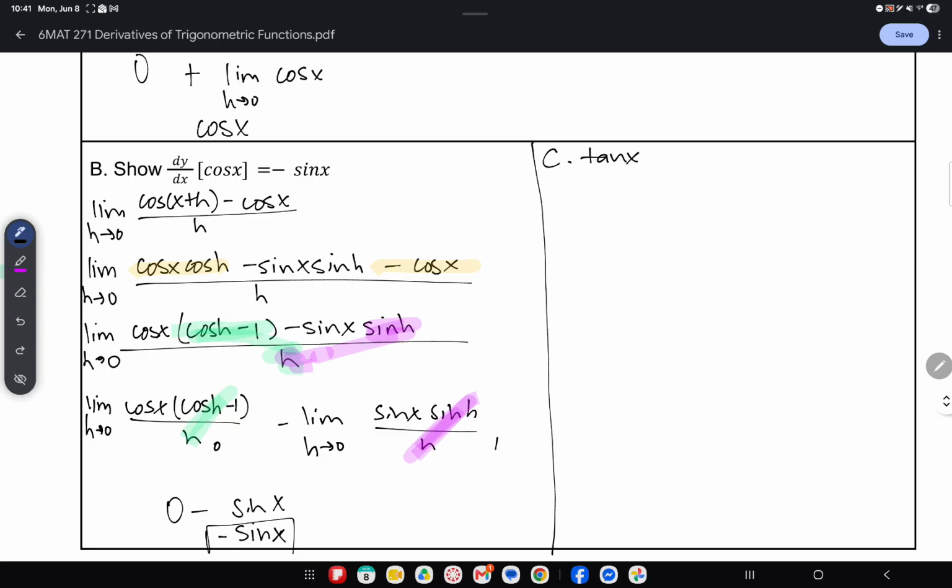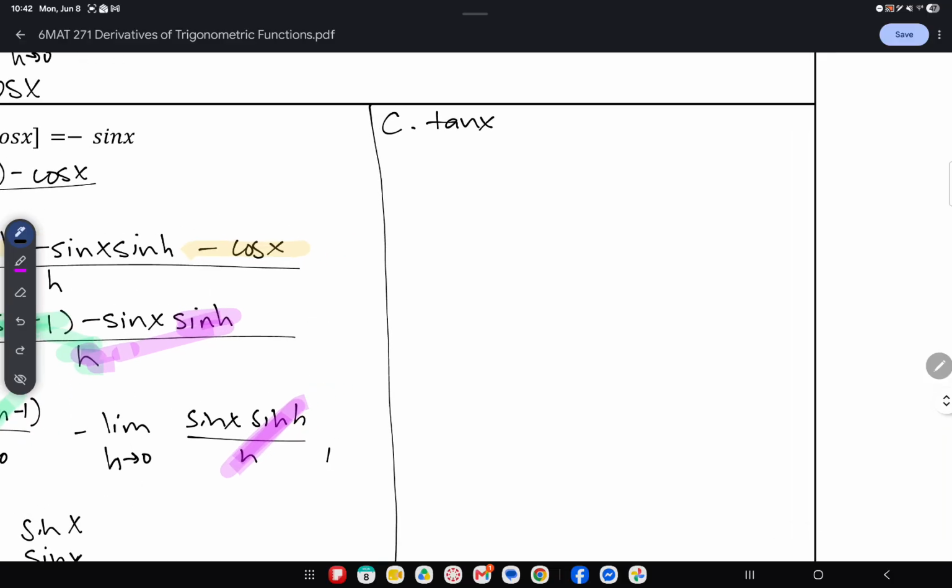Okay. Now I could do the limit definition with this tangent function here, but I want to do quotient rule. Because, right, I could rewrite tangent as sine of x over cosine of x, right? So if I do the derivative of tangent x, which would be the same as doing the derivative of sine of x over cosine x, we can do low d high minus high d low all over low low.